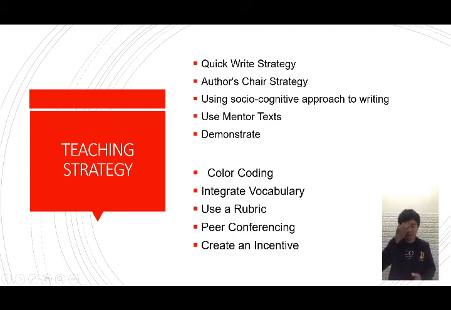For example, Graham, Harris, and Mason point out that third grade struggling students in the United States who were explicitly taught the thinking process and the structure of genre wrote longer, more complete, and qualitatively better narrative and persuasive writing.